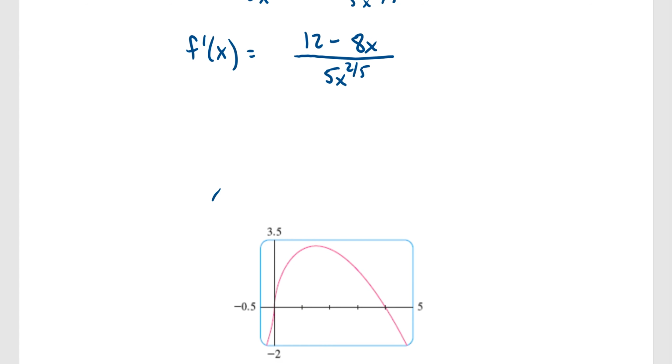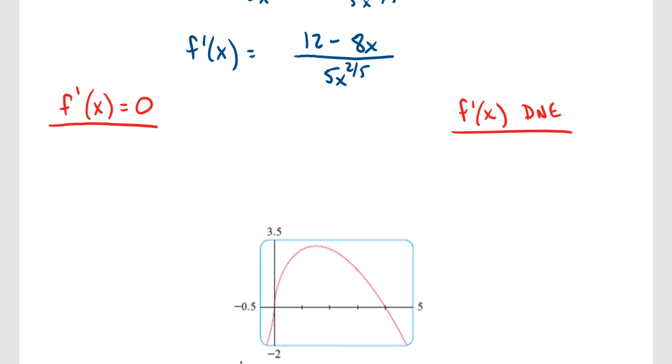And let's go ahead and find the critical values now, the critical numbers. And to do that, we have to do two things. We have to find when the derivative equals 0, and then when the derivative does not exist. So this is kind of nice now when it's simplified. The only way that this whole thing is going to equal 0 is if the numerator equals 0 only, right?